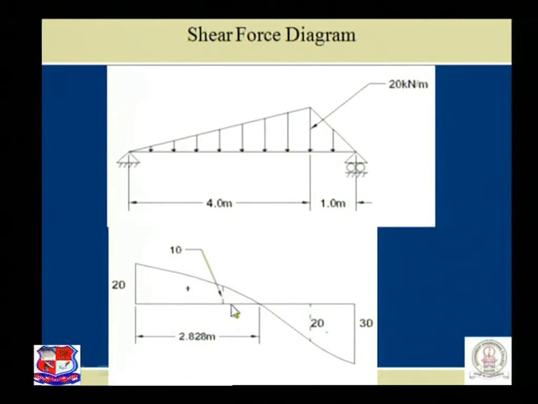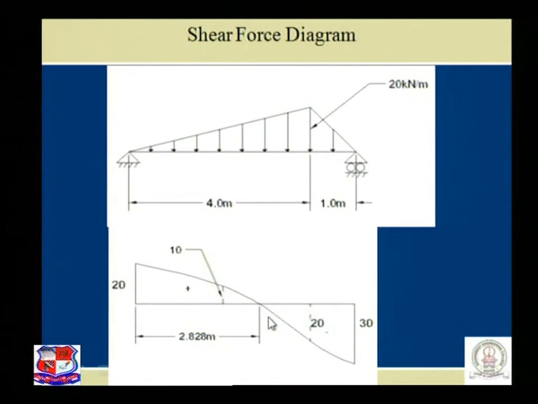Means between 2 to 3 meter the ordinate changes its sign from positive to negative. Means at a certain point between 2 to 3 meter the shear force is 0, and we have to determine this location.